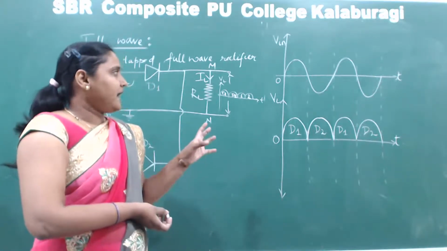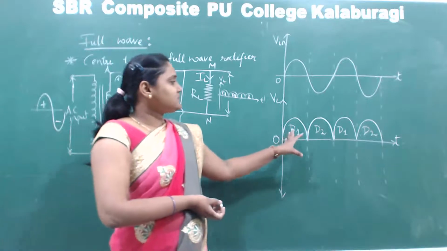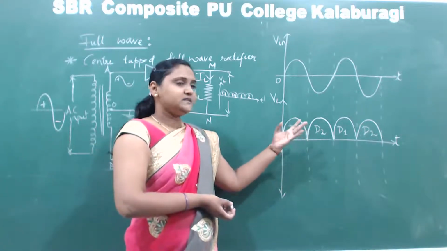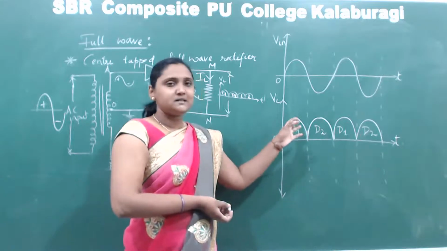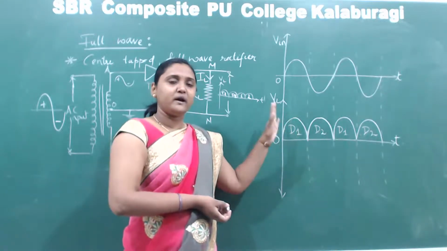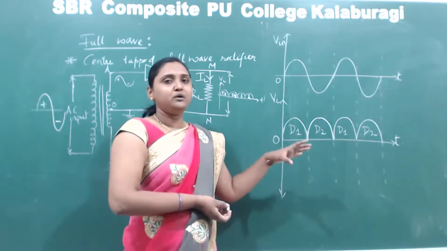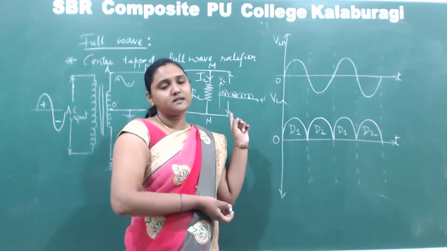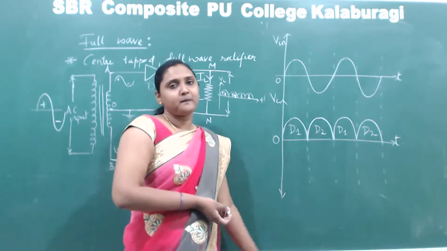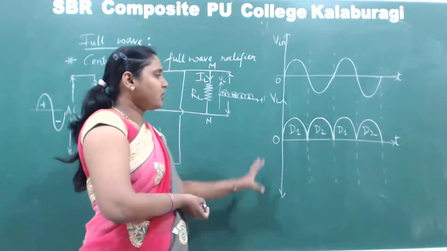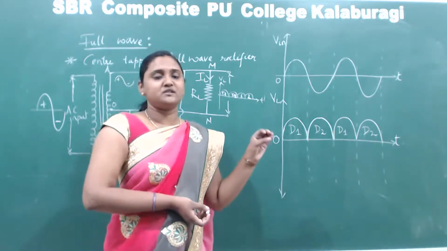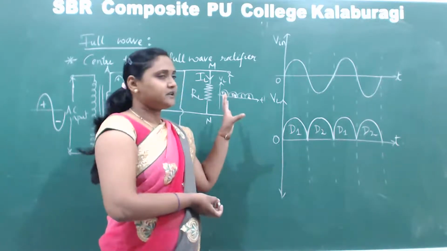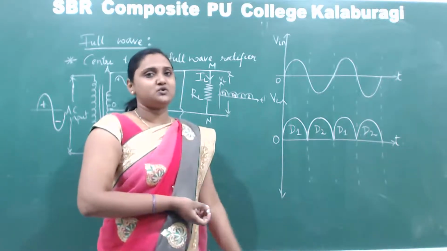As it is with respect to the load voltage, and the load voltage is similar for the center tapped or bridge rectifier, the RMS value, average value, ripple factor, and efficiency hold together for center tapped as well as bridge rectifier. So a common discussion will be done for full wave rectifiers, center tap as well as bridge.